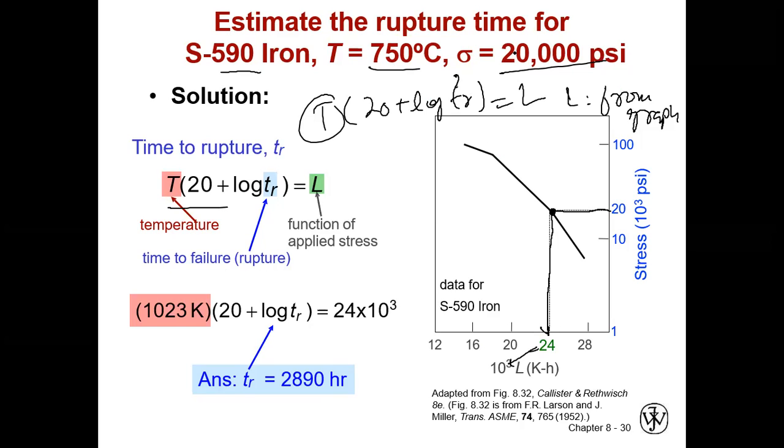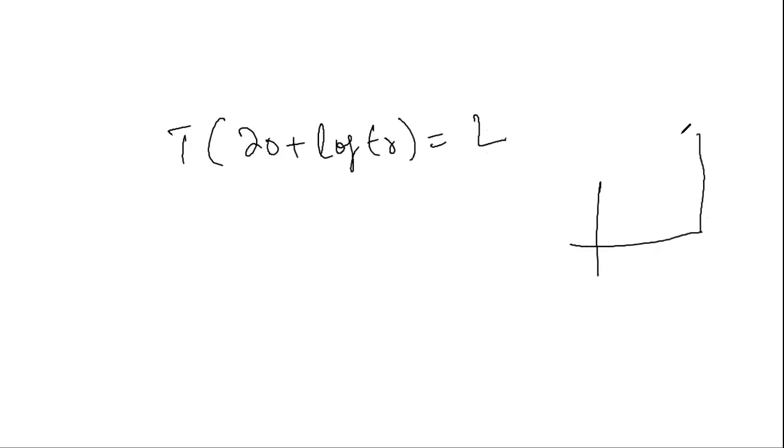Okay, so let me solve this on the whiteboard. Can you see the whiteboard? Okay, so it was T into 20 plus log of TR is equal to L, right? So L you should find from this graph, right?